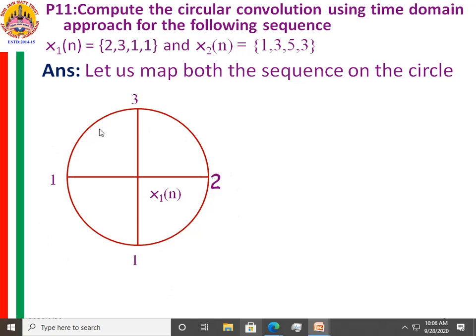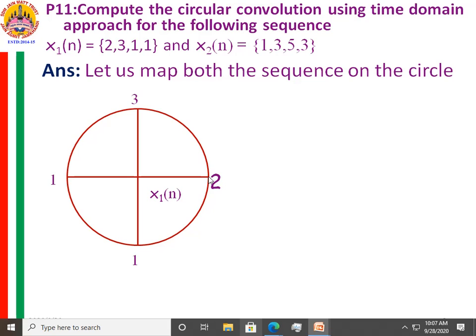So we divide the circle into 4 equal parts, and these sequences we map on the circle with these 4 points. So we always start from the right hand side, this particular point, and in the anti-clockwise direction we go on mapping this sequence on the circumference of the circle.